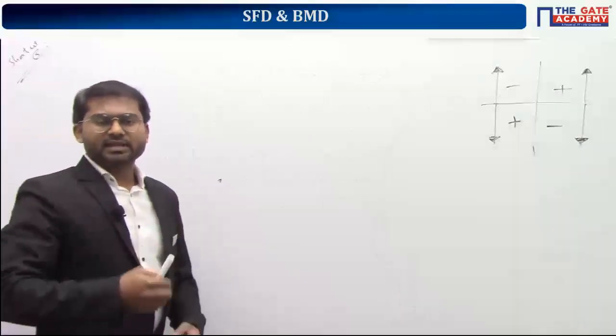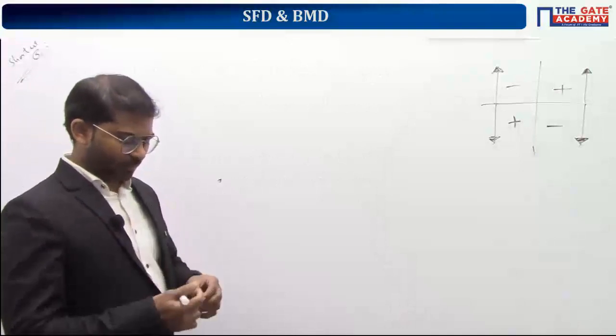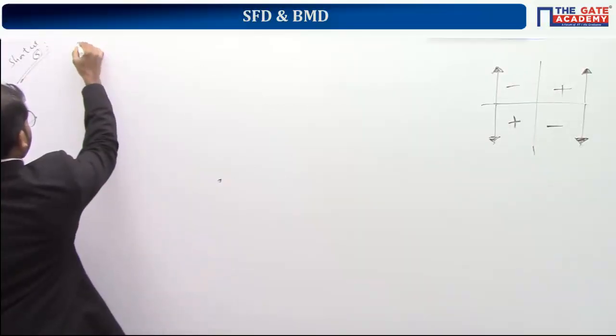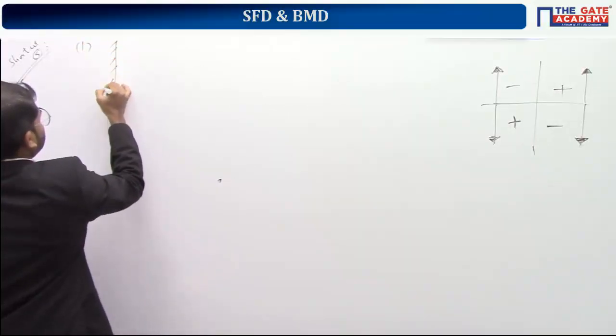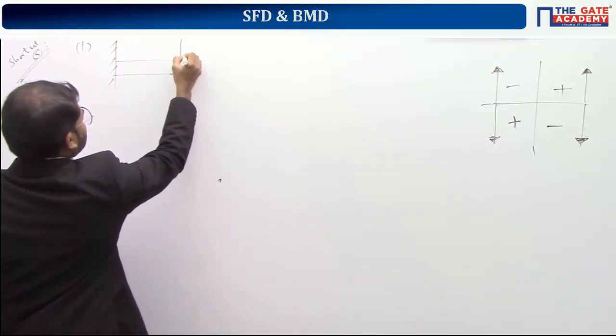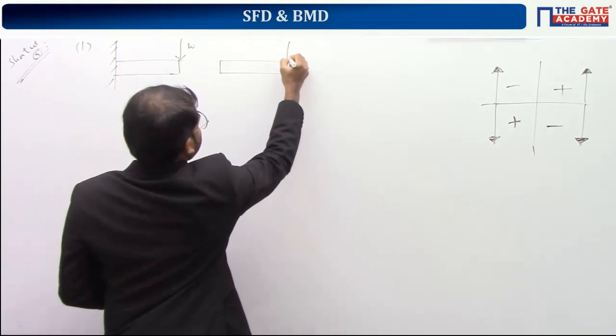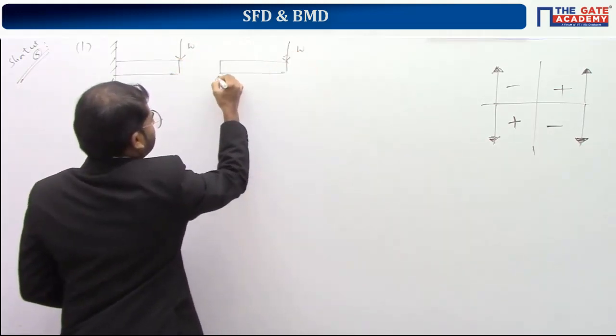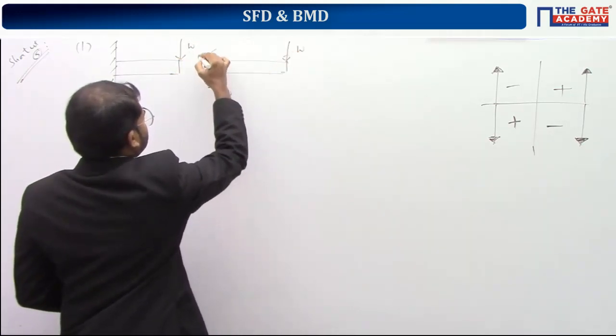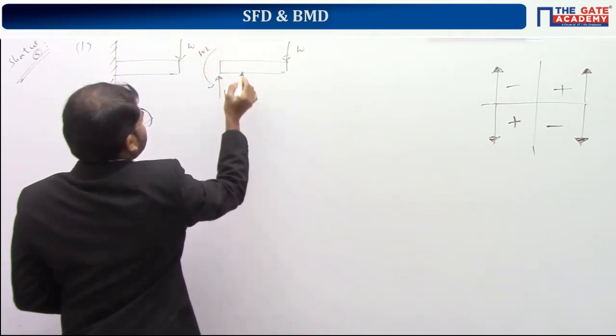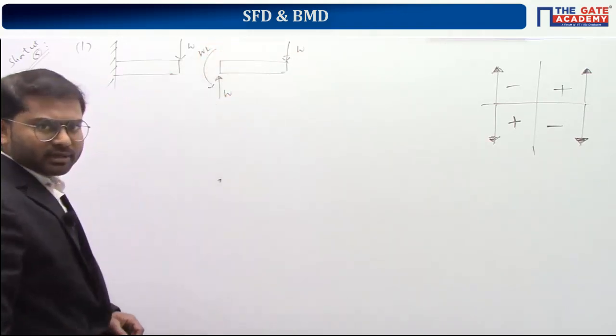I'll take some examples. So look here how exactly I'm applying the shortcut. I'm going with the first example. Cantilever beam with point load at the free end. So you have the free body diagram like this.